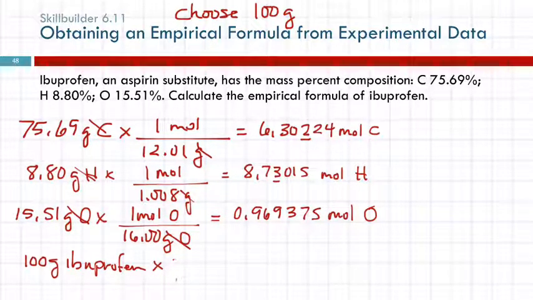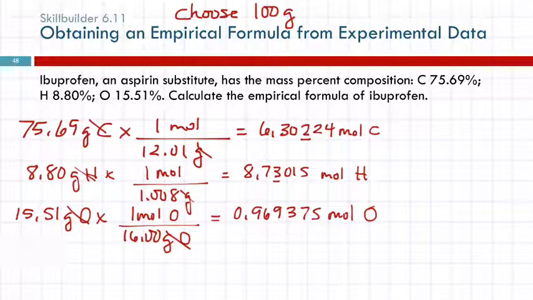So what's the next step after getting moles of each element? Divide by the smallest number of moles. Now, all these examples we're doing here in lecture, these moles come out to be pretty large numbers. We're doing an experiment today, and your moles will probably come out to be 0.000 something, because you have a very small sample size. So don't be alarmed by that.